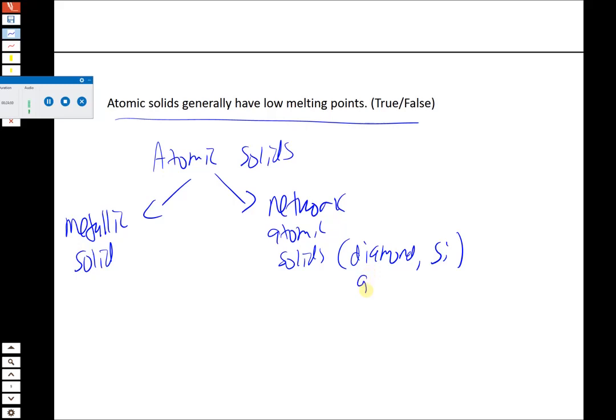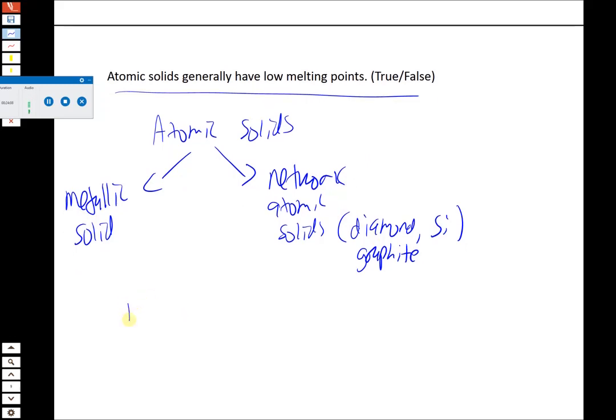Graphite as well, the other form of carbon. So those are your network atomic solids. These are metallic solids, basically all metals. And then other classifications of solids, it's sort of a separate category, ionic solids and molecular solids.